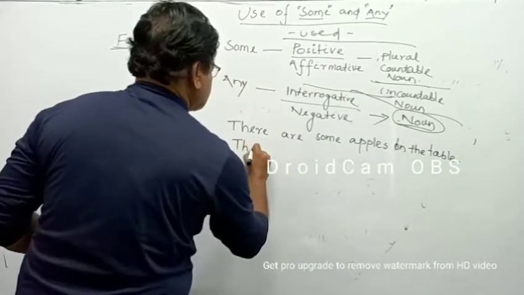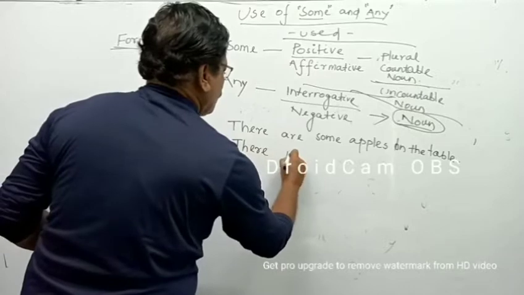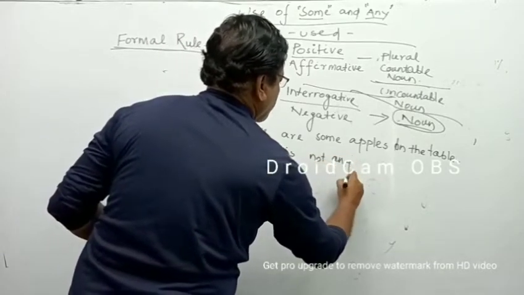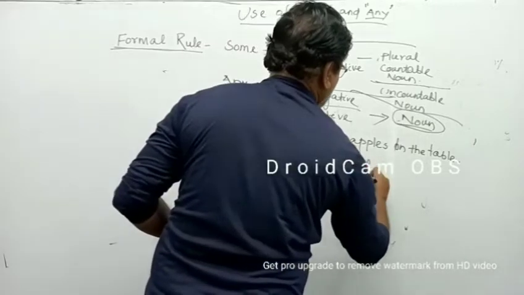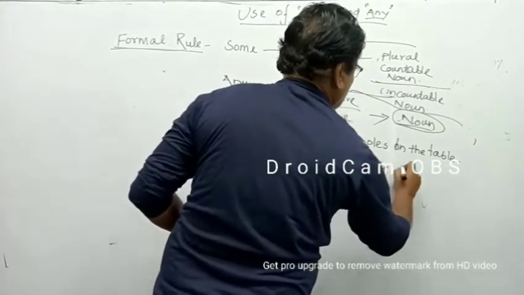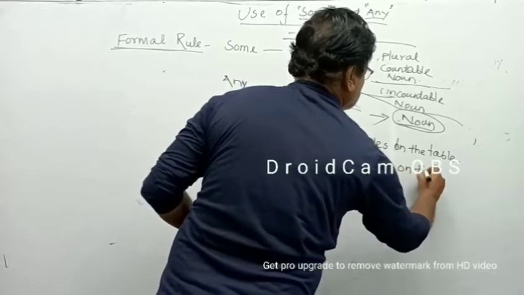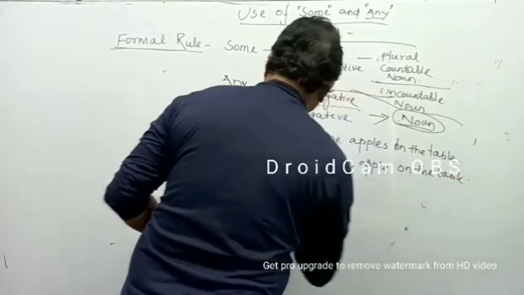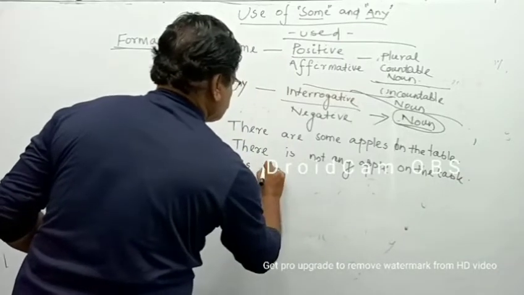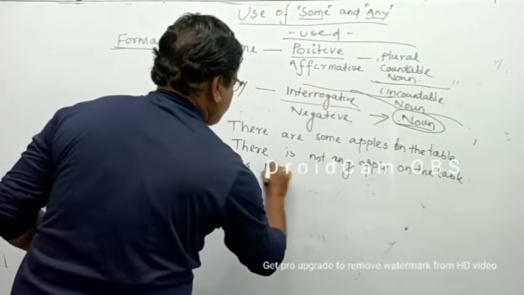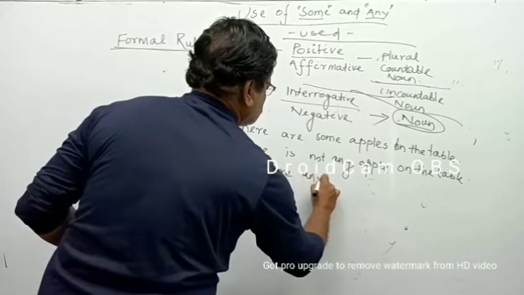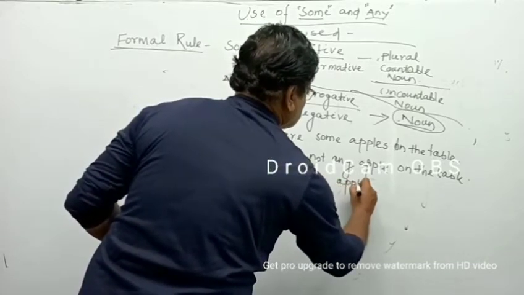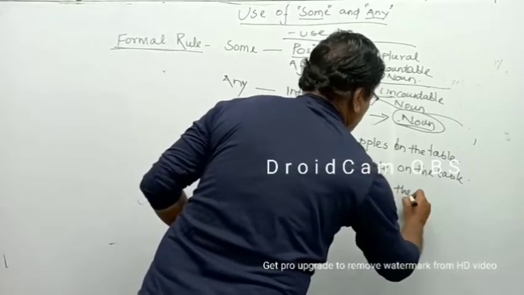There is not any apple on the table. Is there any apple on the table?